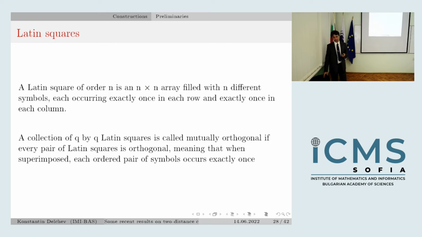Mutually orthogonal Latin squares are such that when we place them over each other, each pair of symbols occurs only once. There are various results for the number of mutually orthogonal Latin squares for each N, but the full answer to this question is open, and it seems rather difficult at the current time.